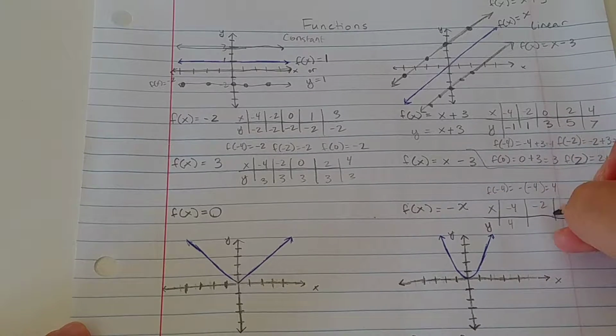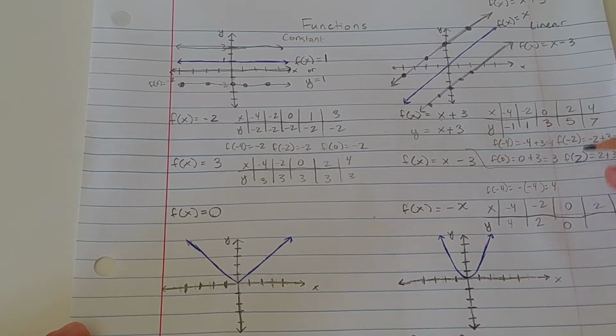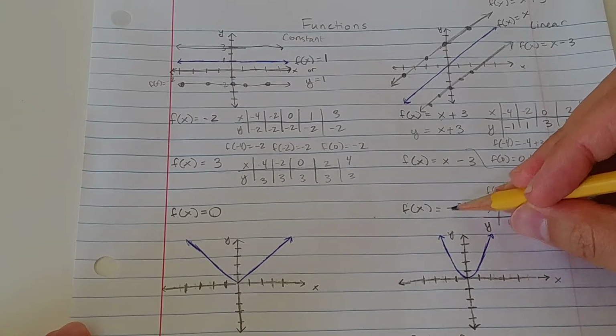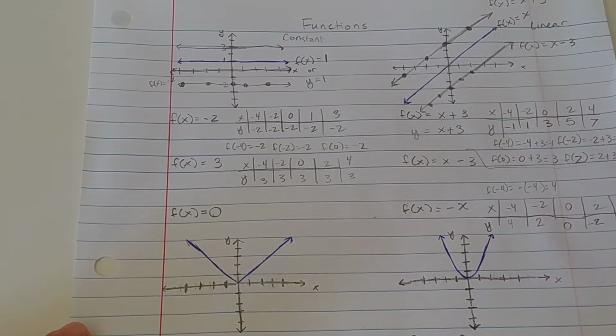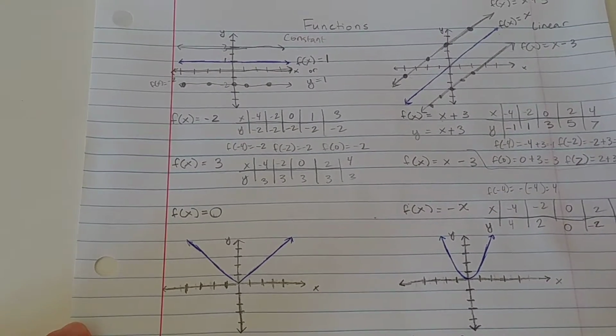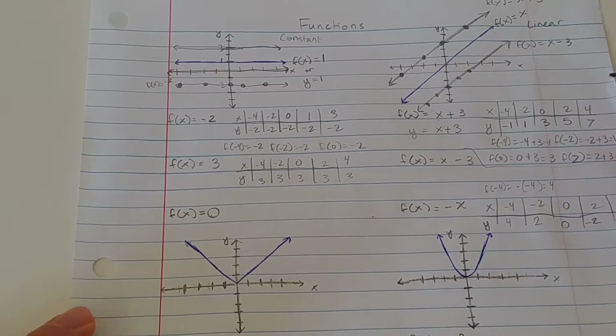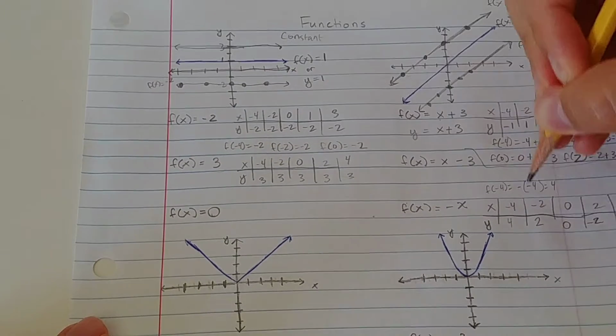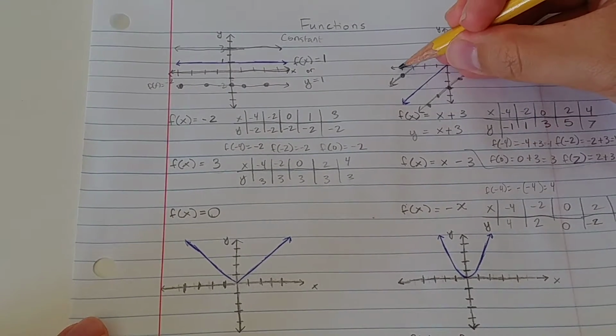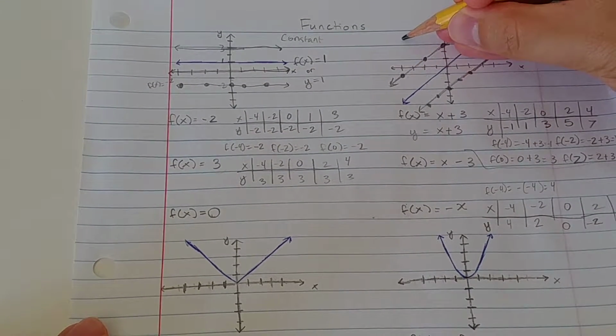And if you put negative 2, negative negative 2 would be positive 2. Negative 0 is just 0, and negative 2 is negative 2. Negative 4 is just negative 4. All right, so let's see what that looks like. Negative 4, comma 4, go to the left 4, up 4, there we go.